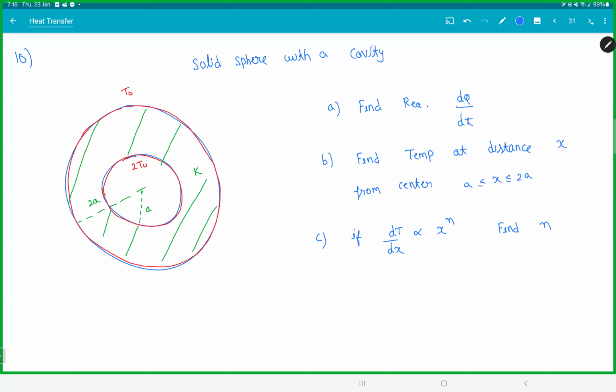One by 12 pi k a square. Near? Square won't come. You have to integrate.